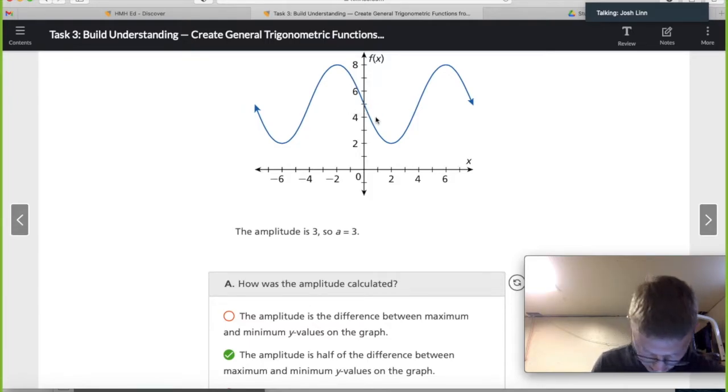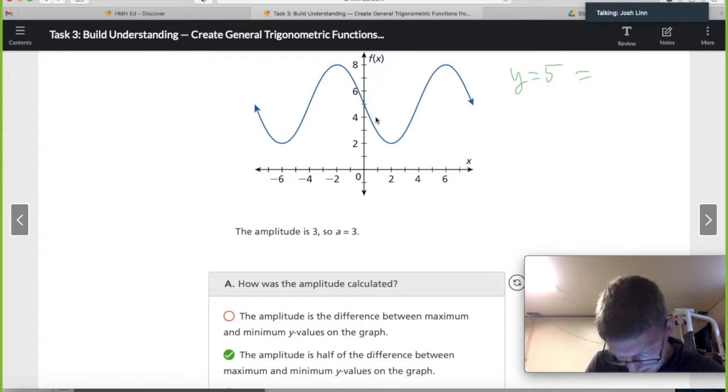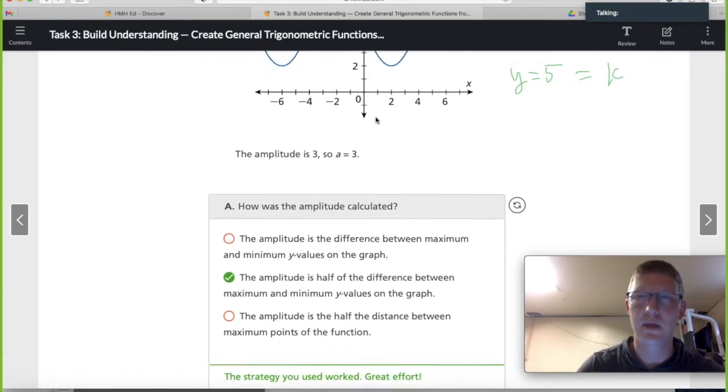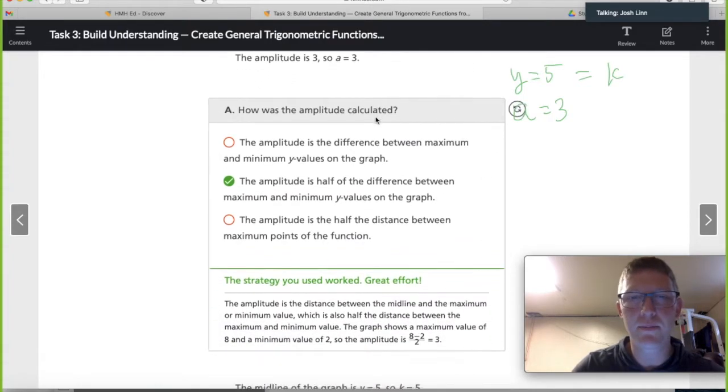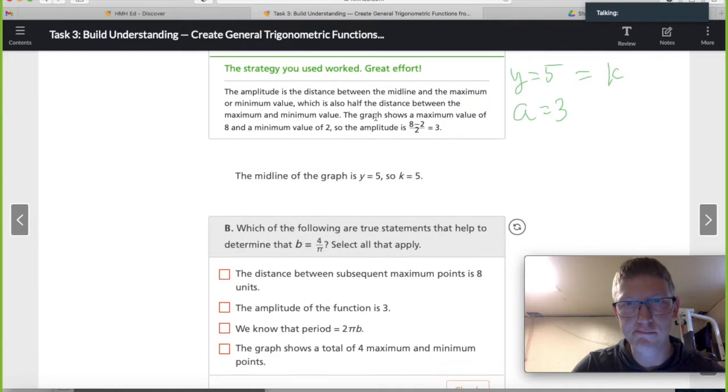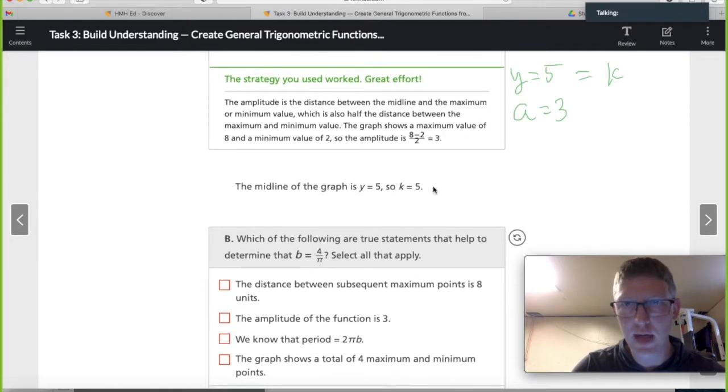So I guess we start writing this down. So y equals 5, which equals, if it moved up, that's k, right? And then our amplitude equals 3. So our k is also equal to 5.